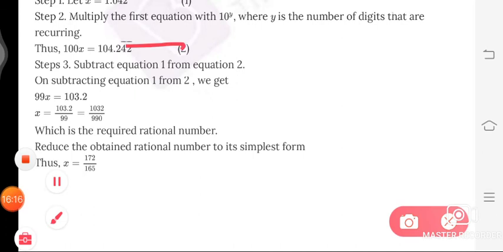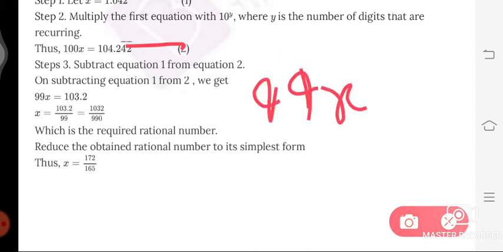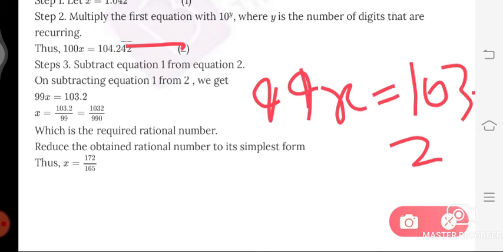So step 3, subtract equation 1 from equation 2. So we subtract equation 1 from equation 2, and the answer is 99x is equal to 103.2.